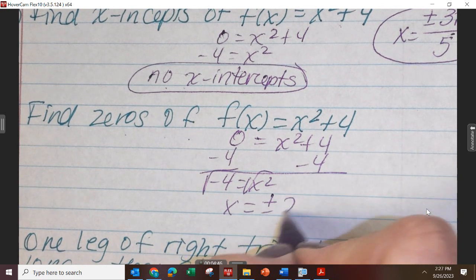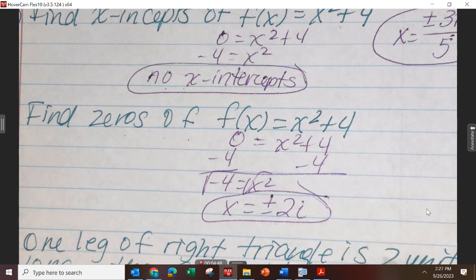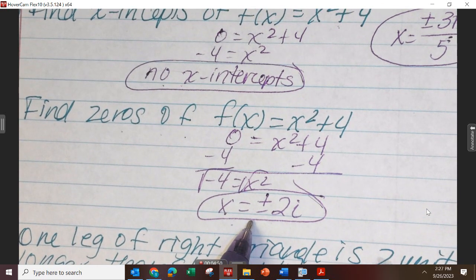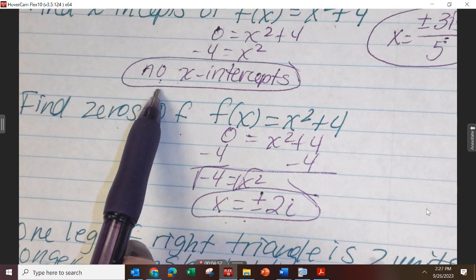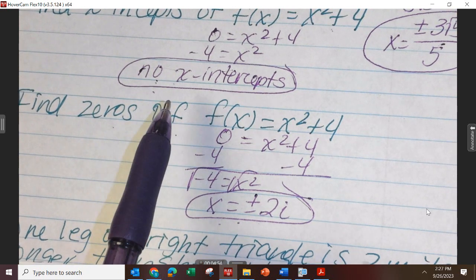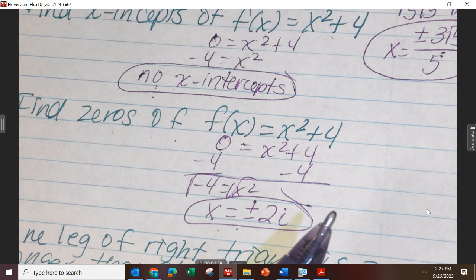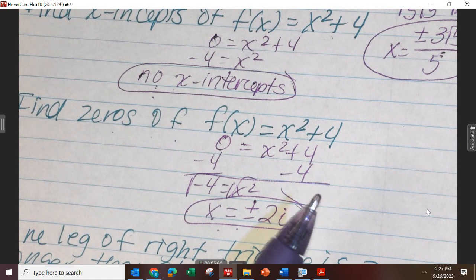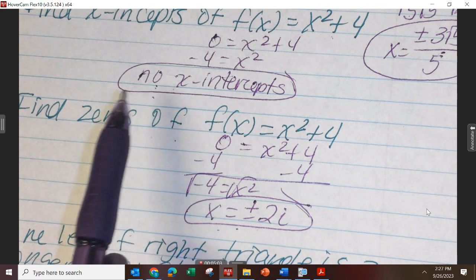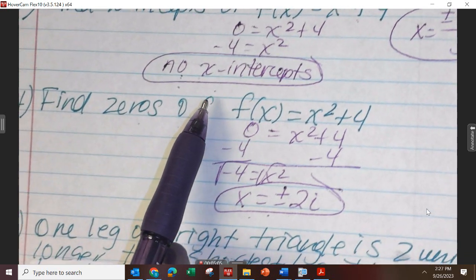Plus or minus 2i. So we do still have zeros, but we do not have x-intercepts. So which is true? We always have x-intercepts, or we always have zeros? We always have zeros, but we do not always have an x-intercept on a problem, okay?